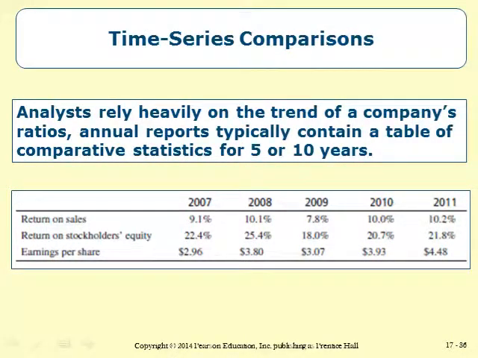So analysts rely heavily on the trend of a company's ratios. Annual reports typically contain a table of comparative statistics for 5 or 10 years, depending on the presentation format of the organization.